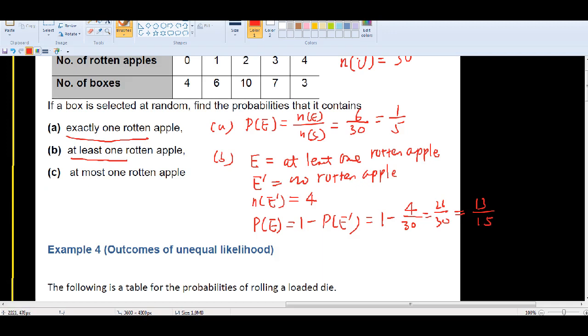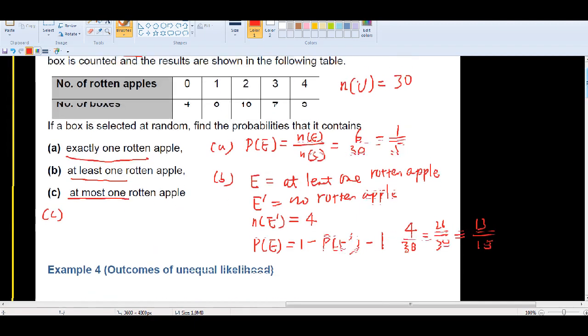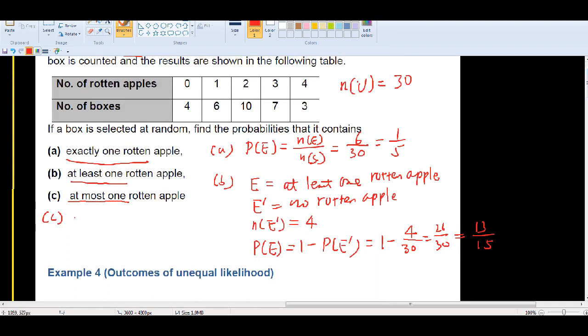Okay, so that's B. Let's do the C. At most 1 rotten apple. So this time our event is at most 1 rotten apple. So it could be 0, it could be 1, but it can't be 2, 3, or 4, right?